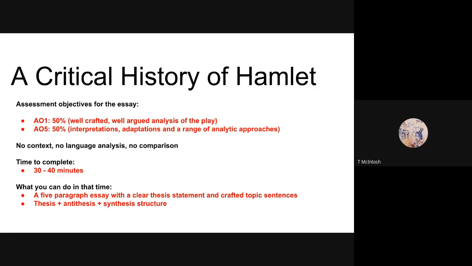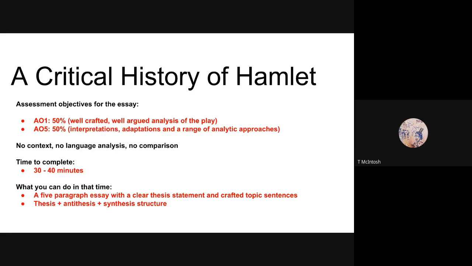Now, as we discussed last week, you're not really familiar with what AOs you're supposed to be doing, and they're weird ones. The first one, AO1, 50%, well-crafted, well-argued analysis of the play. Don't worry, we're going to look at what that means in just a second. The second one has caused us some agony over the years since the spec changed in 2015, and that is AO5, interpretations, adaptations, and a range of analytic approaches.